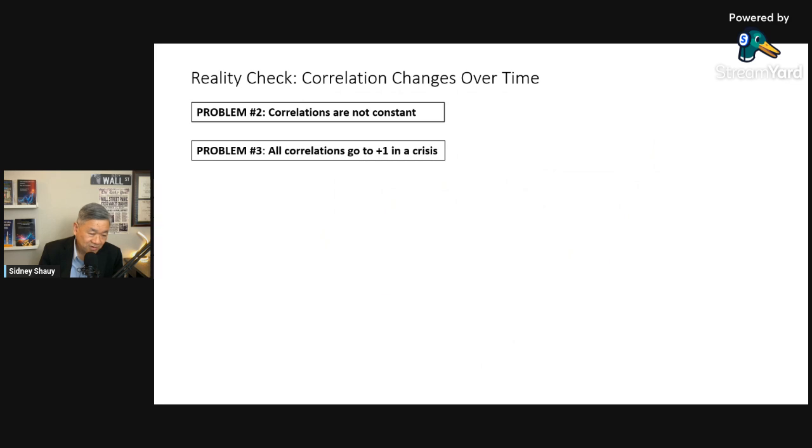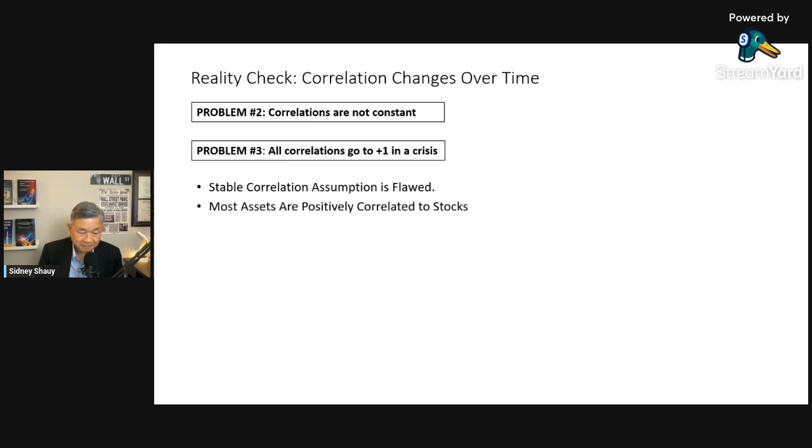That's problem number two. And a worse problem is all correlations tend to go to plus one in a crisis. So the stable correlation assumption is flawed generally. Most assets are positively correlated to stocks. Diversification can disappear when you need it most. In a crisis, in a crash, in a bear market, is exactly when you need it to work.